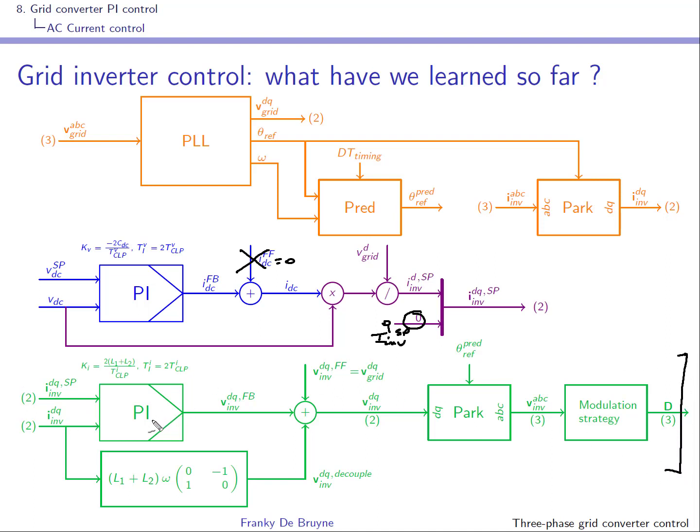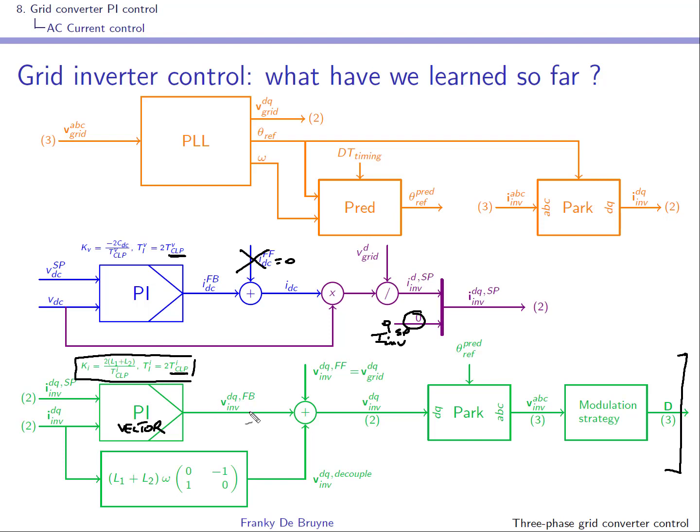This is this vector PI controller. It's controlling the D and Q components of the inverter currents. Here are the parameters. They were obtained using the IMC tuning. Remember that there is a link between the desired closed loop time constant for the voltage loop and the one for the current loop.